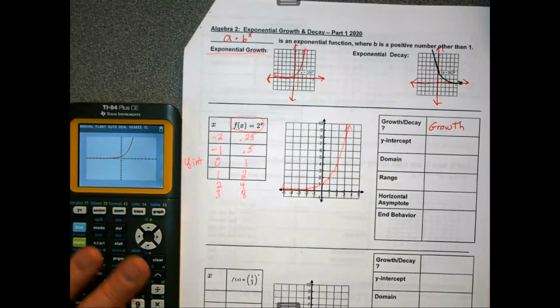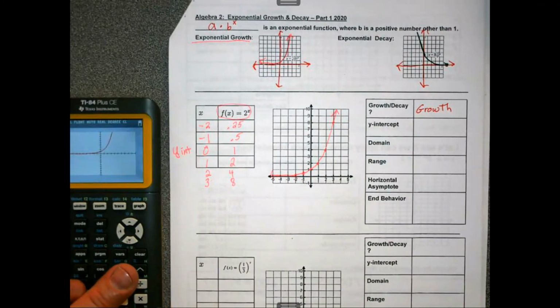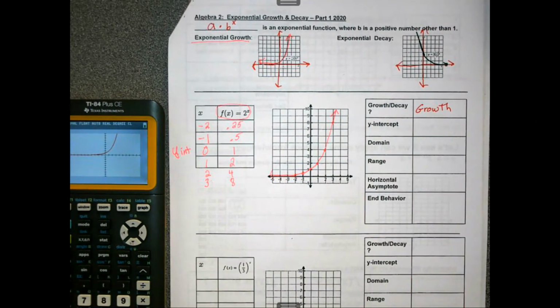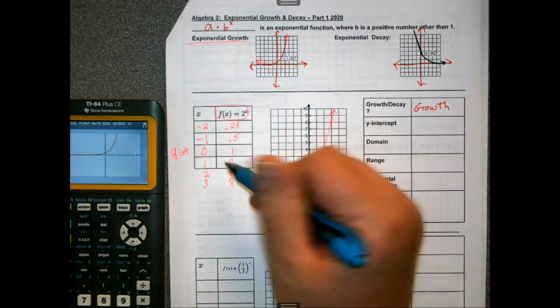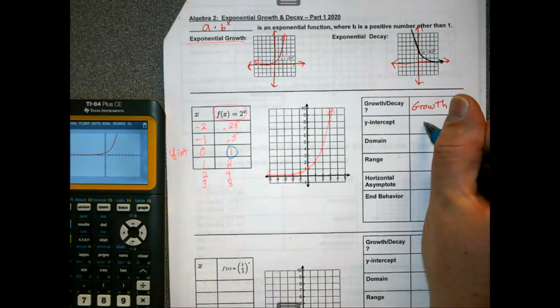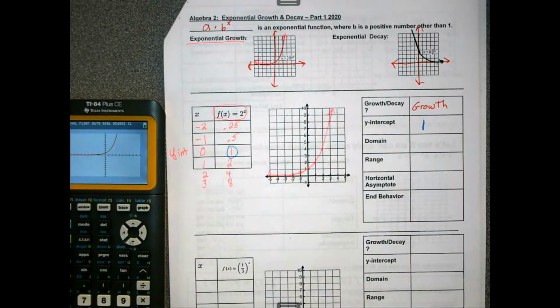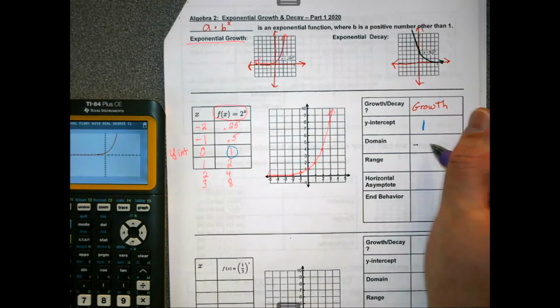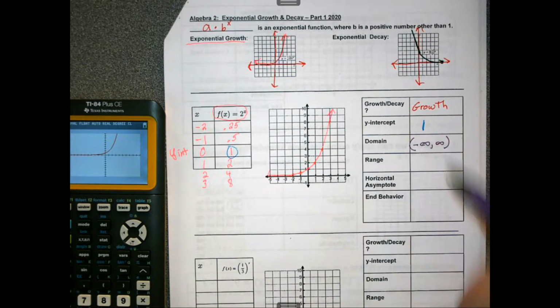All right, so let's analyze this. We already said what the y-intercept is, right? 1. My domain, my x values. Awesome. Okay.